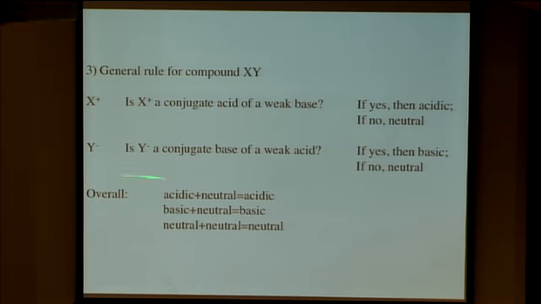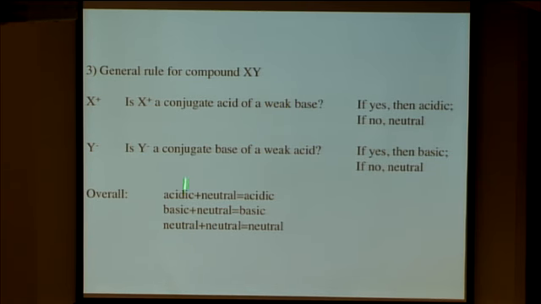For Y minus, you're going to be asking, is it a conjugate base of a weak acid? So for the first part, you're asking about a conjugate acid. In the second half, you're asking about a conjugate base. So if something is a conjugate acid of a weak base, and that's yes, then it's going to be acidic. If it's not, it'll be neutral. Same thing is true over here.